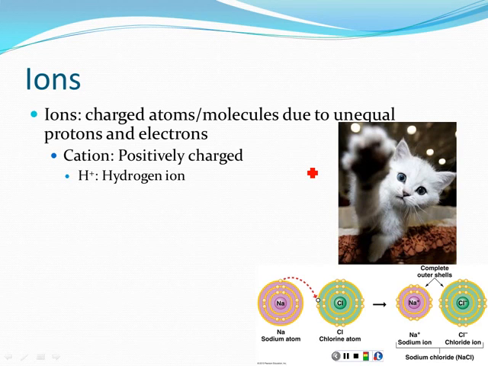So the cations I want you to know are the hydrogen ion, the sodium ion, like that's displayed here, and the potassium ion. Potassium, and also sodium, have different abbreviations for what they are. It's from their Latin or Greek word for them.